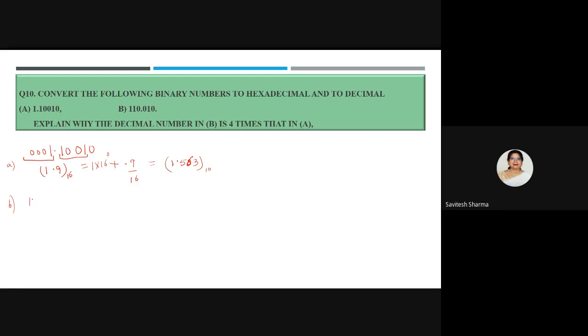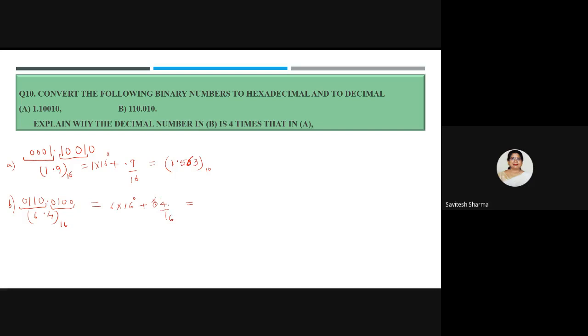Part B. Again, you will add some zeros and then group. So this is my 6 and this is my 4. So this is 6.4 in hexadecimal, and if you convert it into decimal, no need to put a dot here.